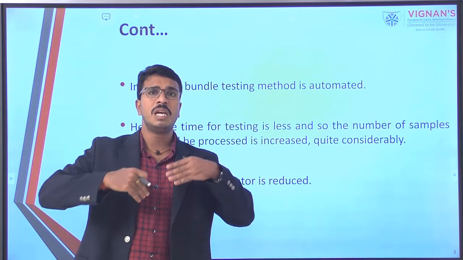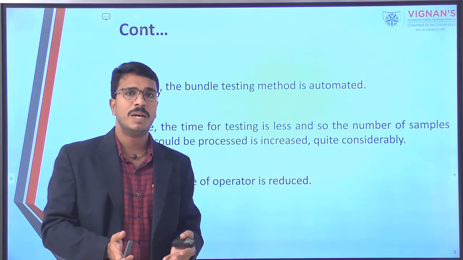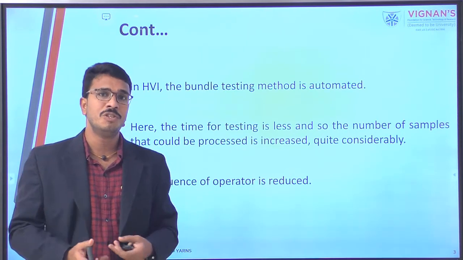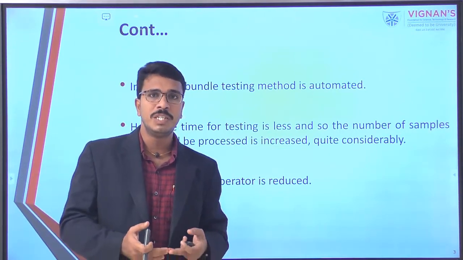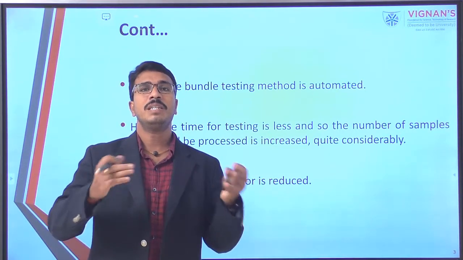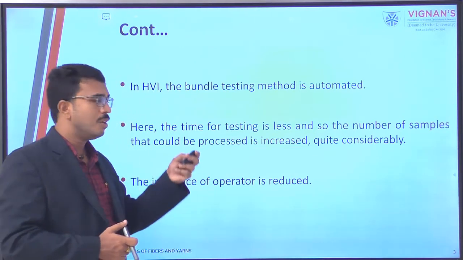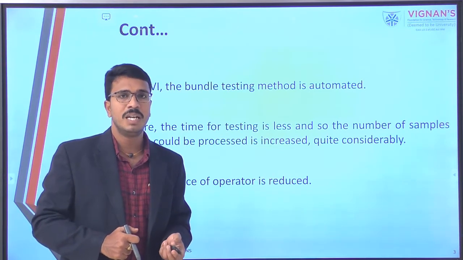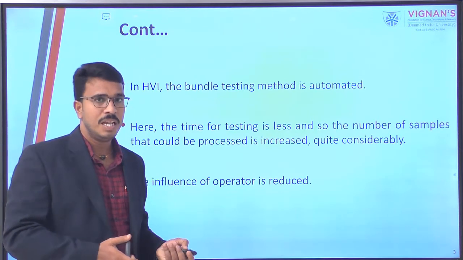These traditional ways of finding bundle fiber properties are time consuming and involve more manual intervention, so obviously there might be some deviation in the results. So we can use these high volume instruments, which are fully automated and give very precise results in less time.